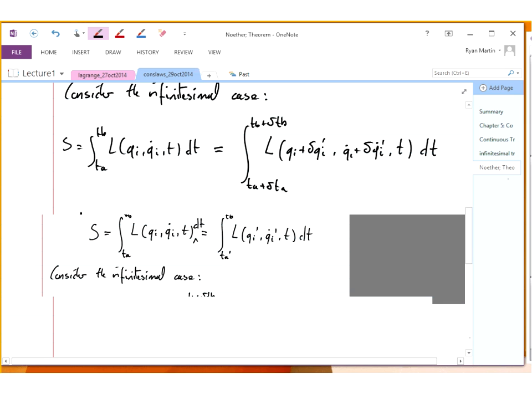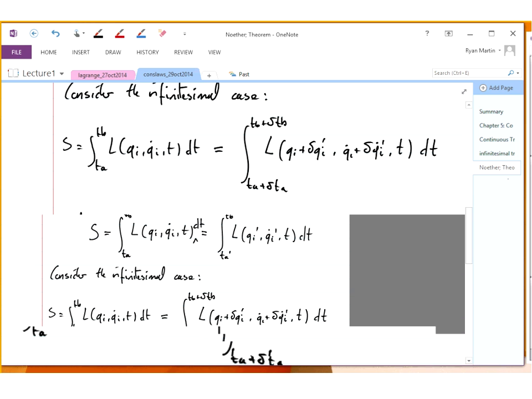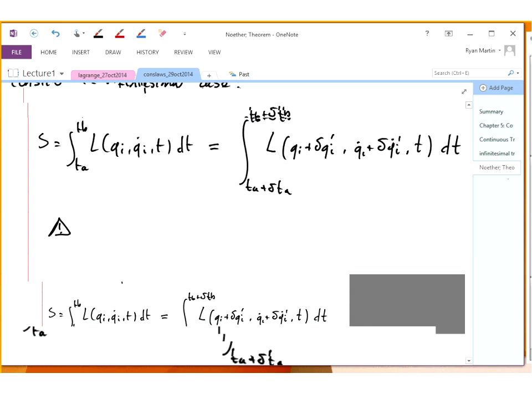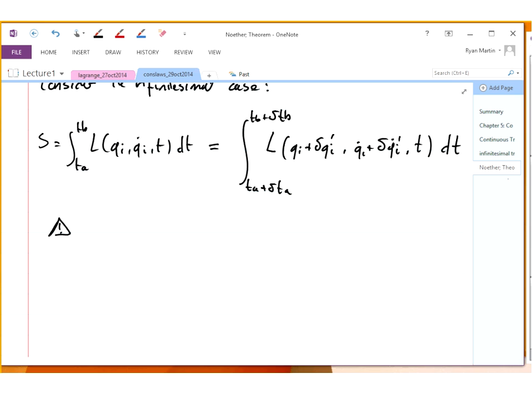So a couple things to note here. Oops. I wrote the QI primed as QI plus delta QI primed instead of QI plus delta QI as I had in the past.